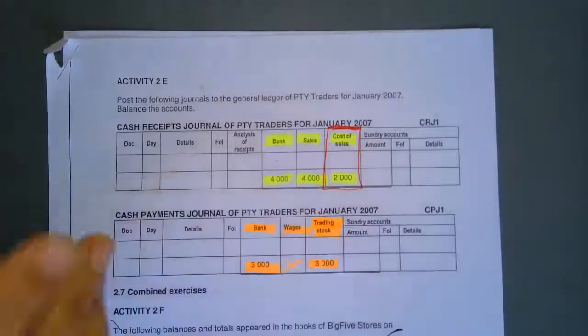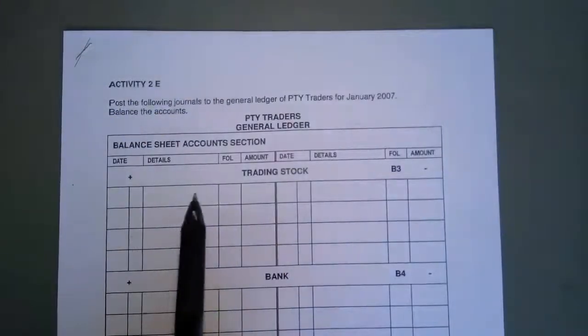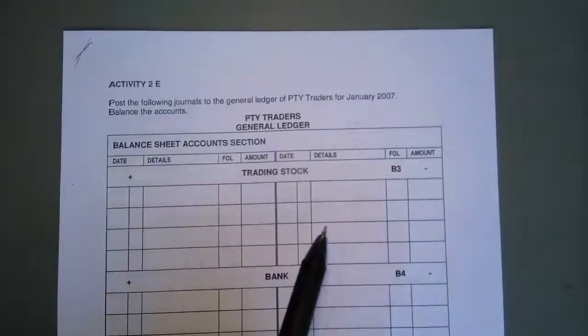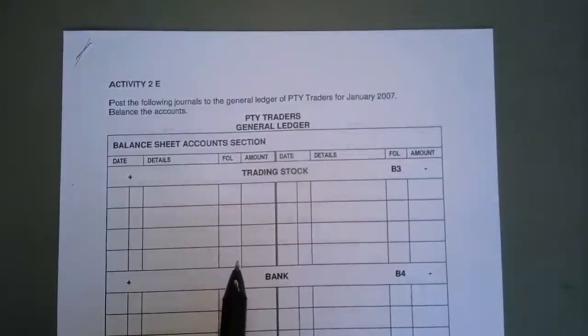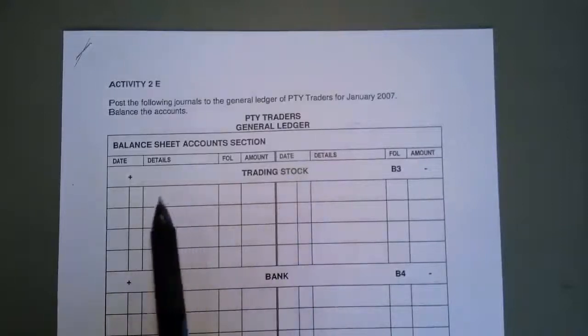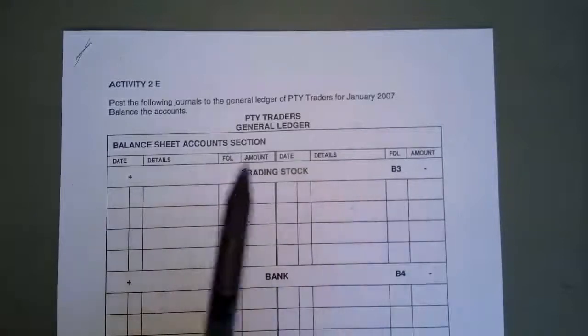After you have completed the general ledger, there will be things written on the debit side and things written on the credit side, so you need to balance the accounts. The balance drawdown for the account, let's say for January, will become the opening balance for February. It will be a continuous cycle.